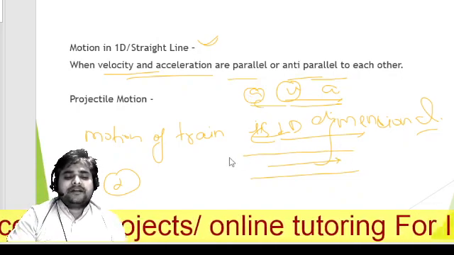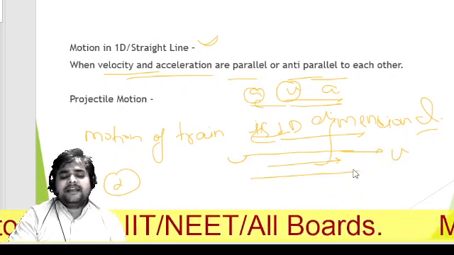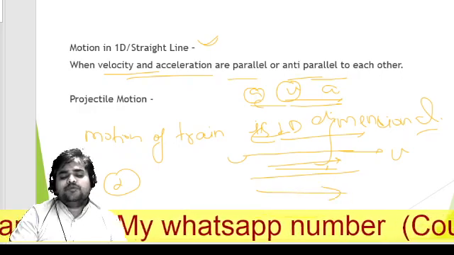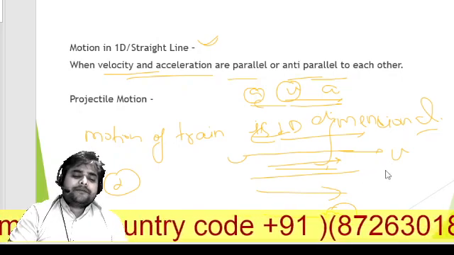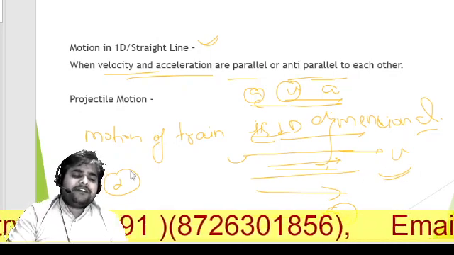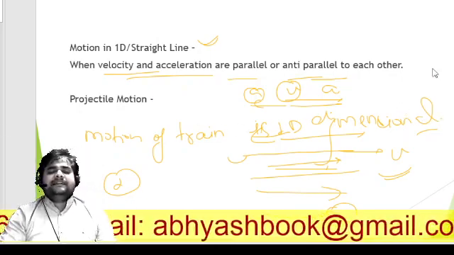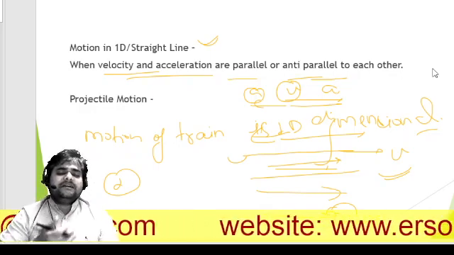For the case of a train moving with constant velocity along a track, it will move only on one axis. But suppose we project an object at a certain angle, then it will follow a curved path. We will discuss this in the next slide.